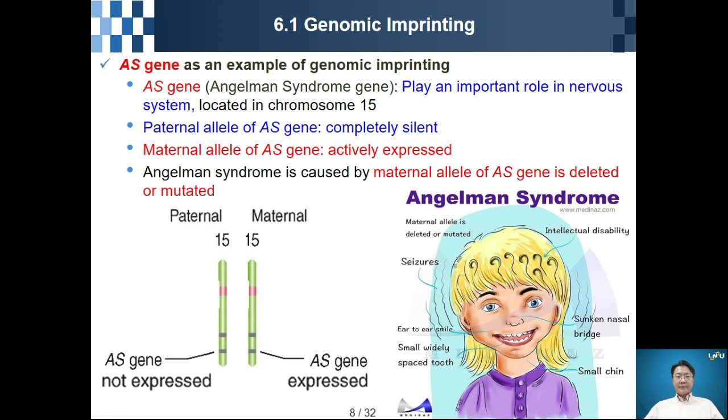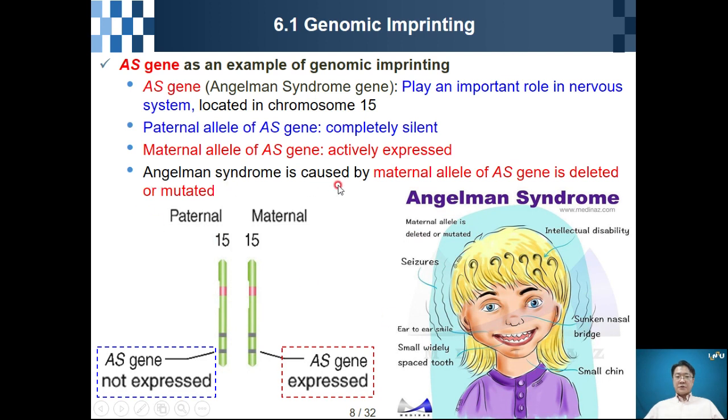However, the paternal allele of the AS gene is completely silent due to genomic imprinting. On the contrary, the maternal allele of the AS gene is actively expressed. The phenotypes of Angelman syndrome are intellectual disability, seizures, and several others.